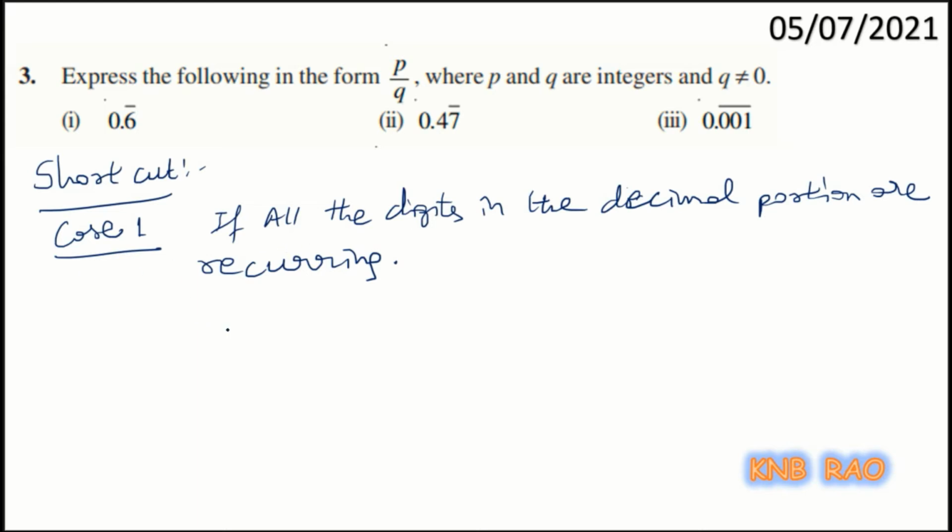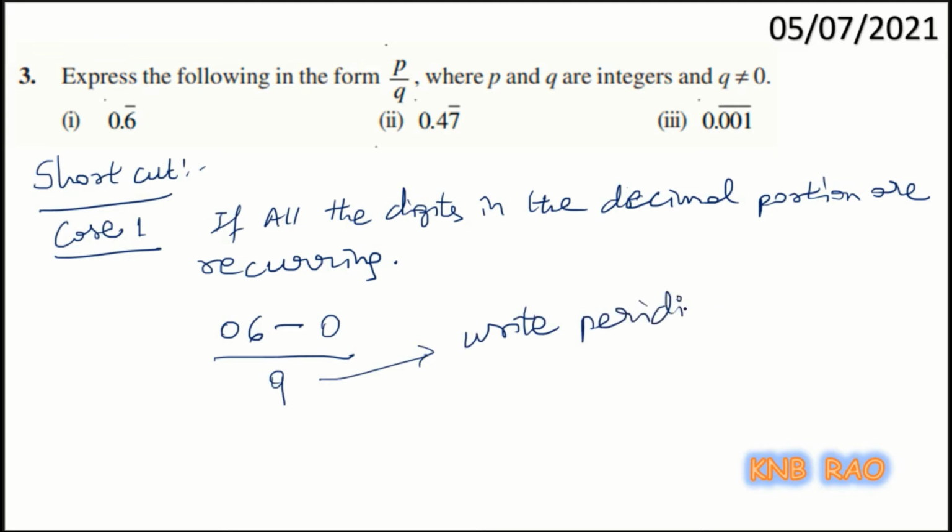In case 1, write the number as it is, subtract from that the digits which are not repeating, 0 is not repeating here in the integer portion, divide it by the number of digits, write the periodicity times of 9s.